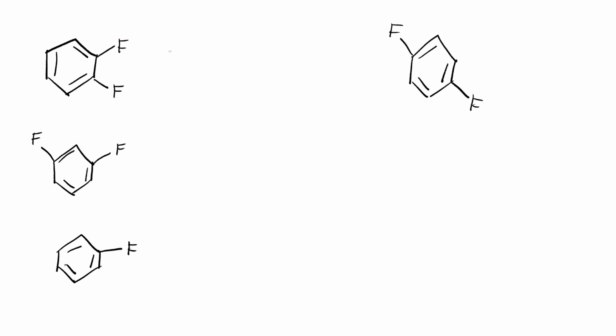We're going to blow up this image. This carbon is connected to a fluorine, and it's connected to another carbon that's connected to a fluorine. The fluorine has such a strong electronegativity that our dipole moment is going to go this way, and it's also going to go this way.